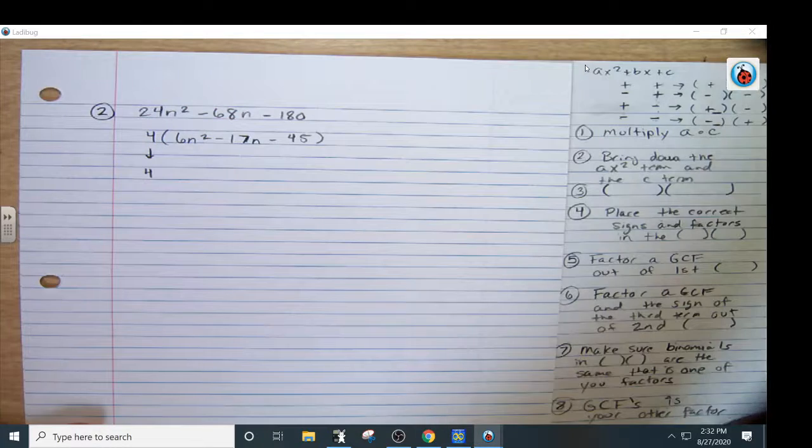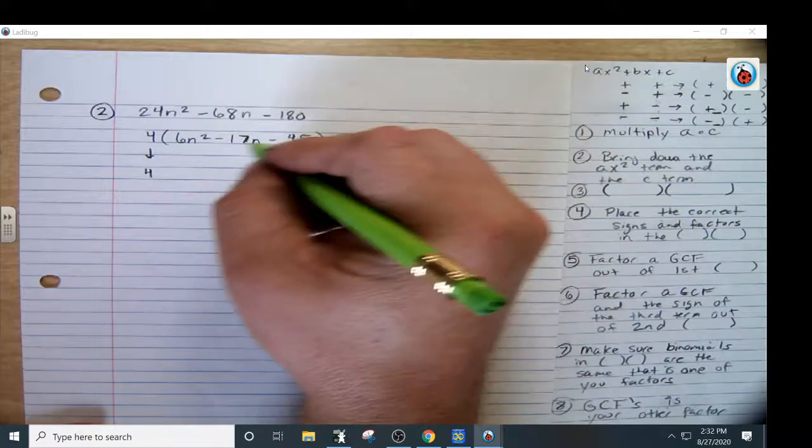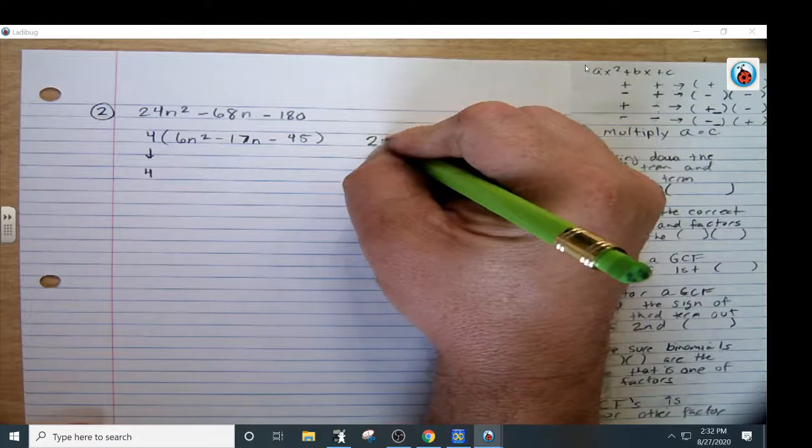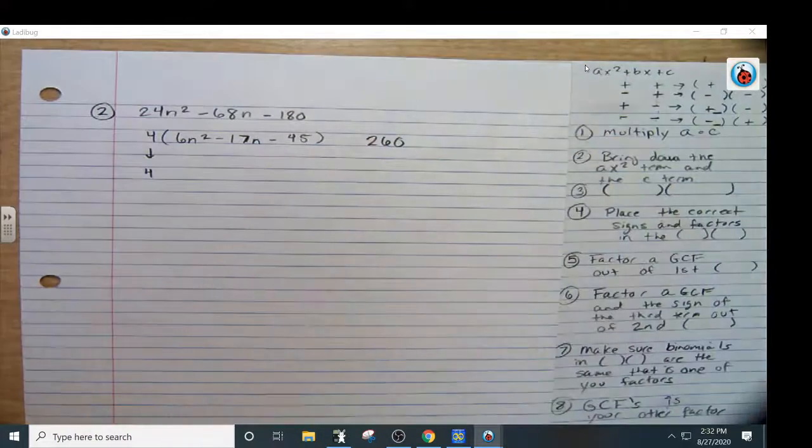All right, guys. So we're going to multiply our A and C. 6 times 45 is 270. Now, guys, with a larger number like this, you may have to do a little bit of guess and check. Okay.